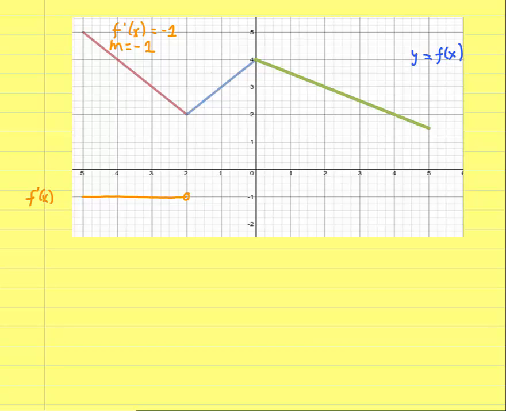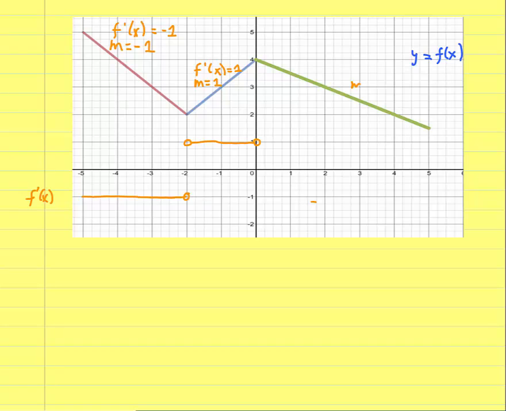For this next segment, my slope is rise 1, run 1, so the slope is equal to +1 here. So that would mean the first derivative equals +1. So from here to here, this is going to go to +1. Now we'll talk about the endpoints here when we get done with everything.